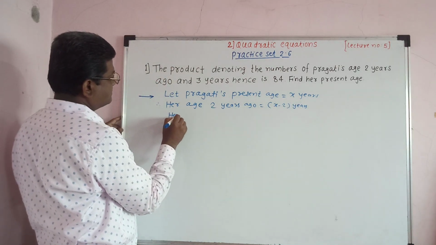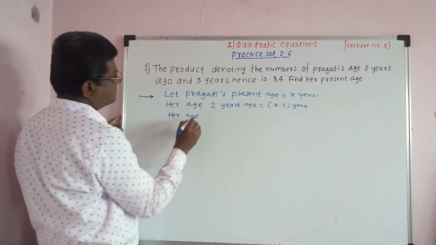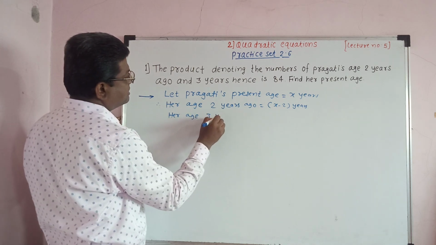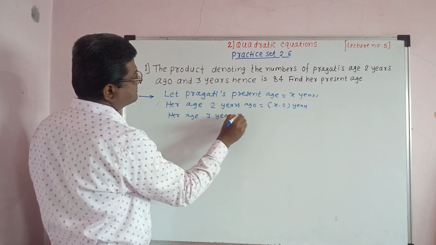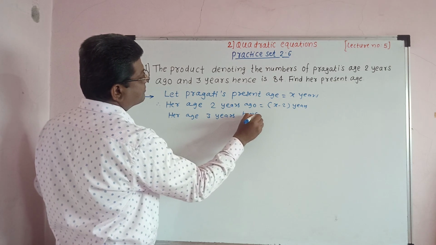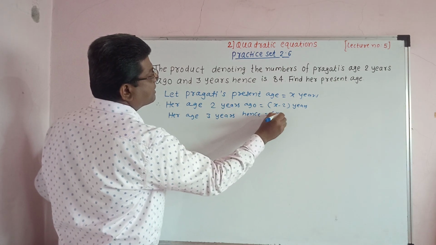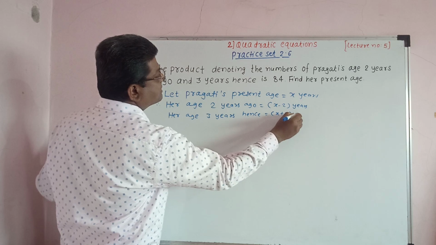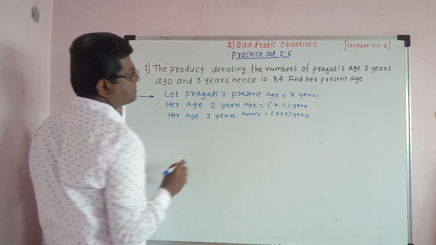Her age 3 years hence is equal to x plus 3 years.